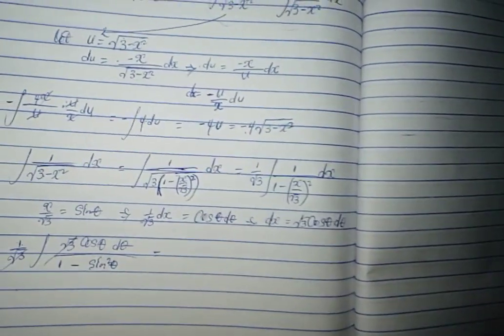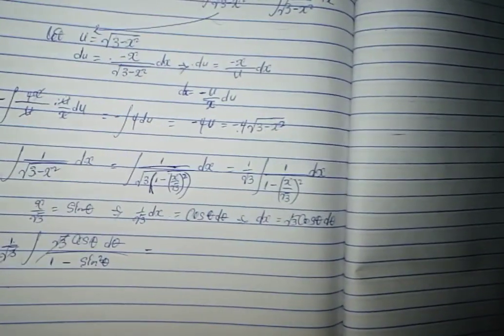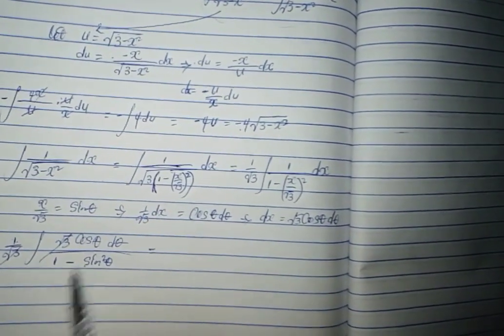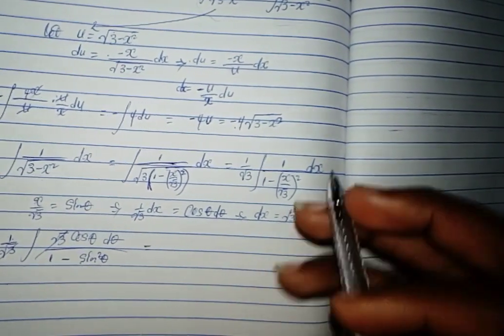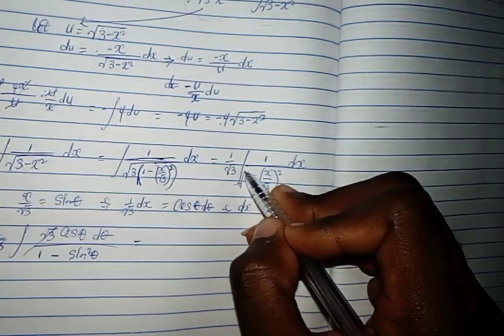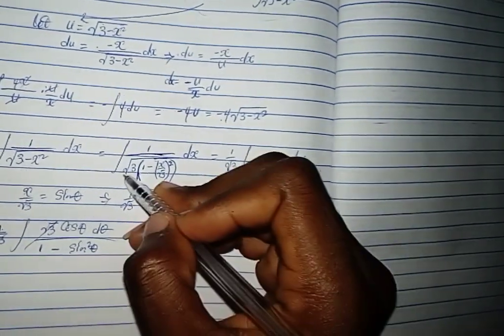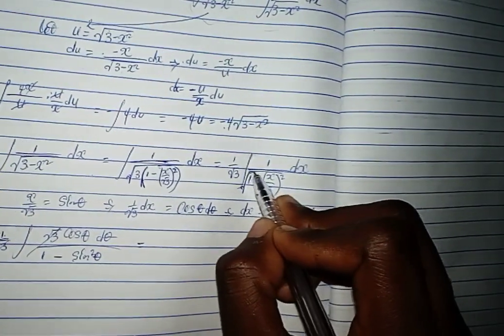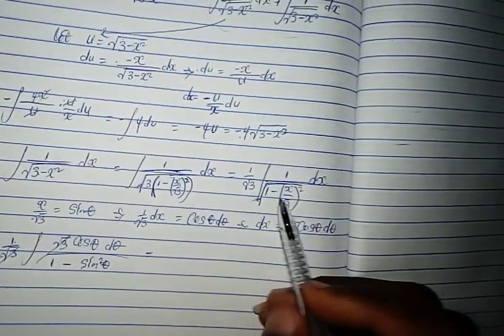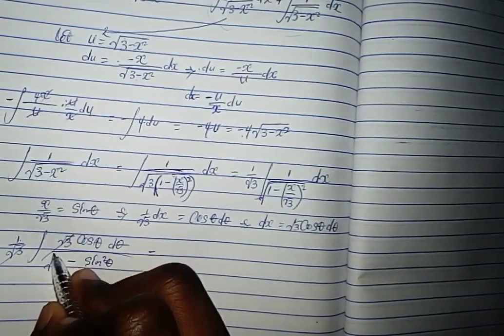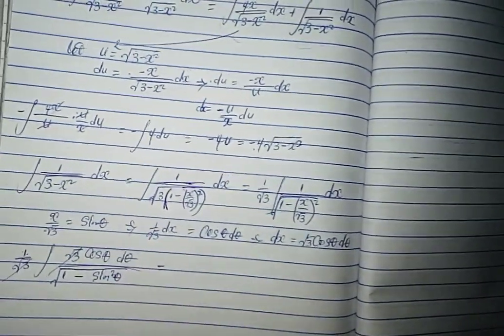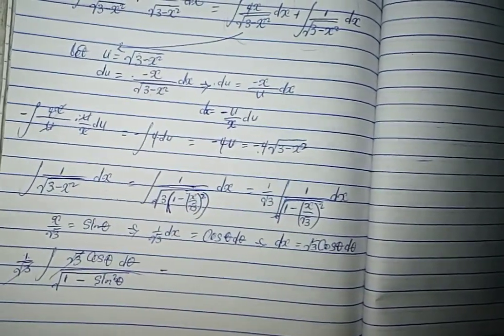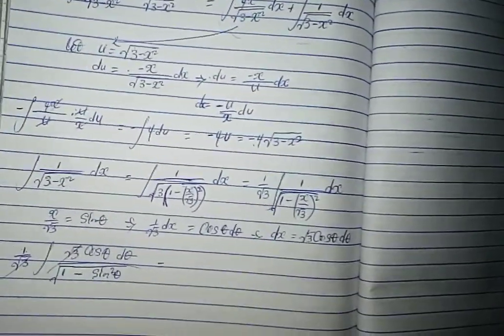I'm really sorry, this has the square root, and this already has the square root. We already know from trigonometry that cos squared theta plus sine squared theta equals 1.